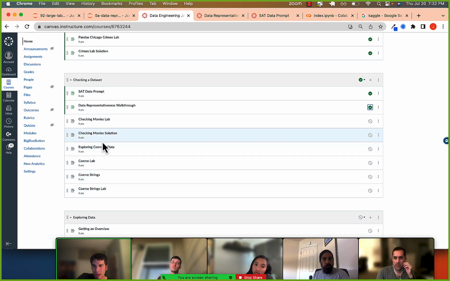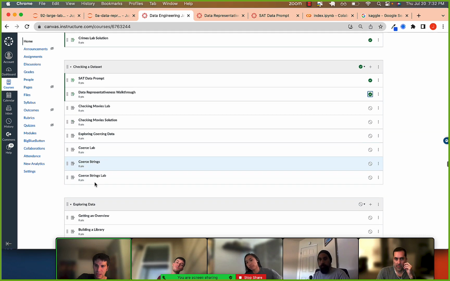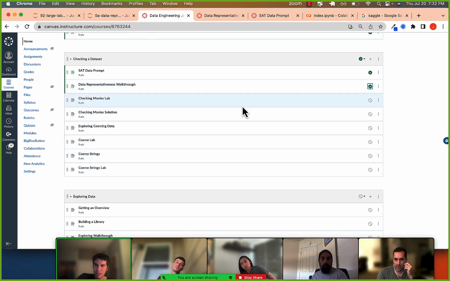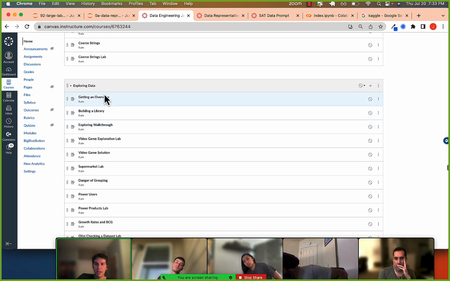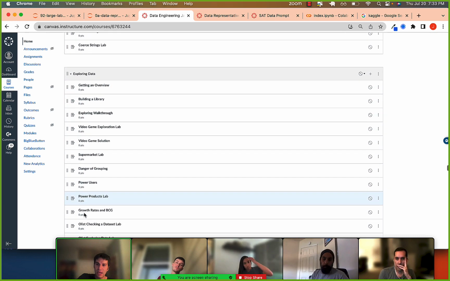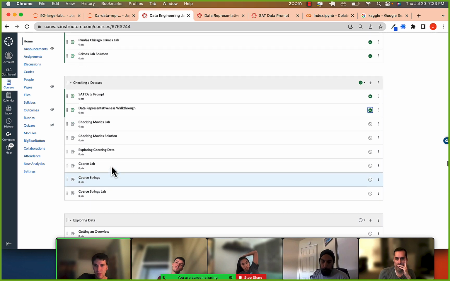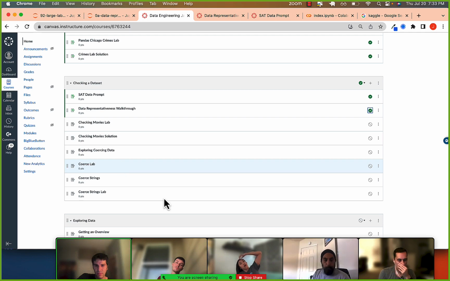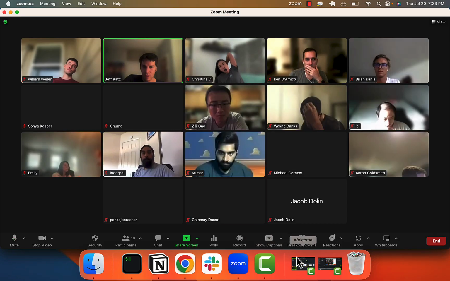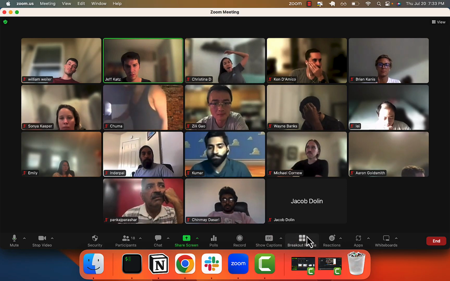Say you spend like half an hour on this lab and then 15 minutes on the solution, then we can move on to coercing data, all right? After this, we'll move to really breaking down a data set and exploring and finding insights in it. Okay, so we'll probably get to that next week. All right. Let me open up the breakout rooms.